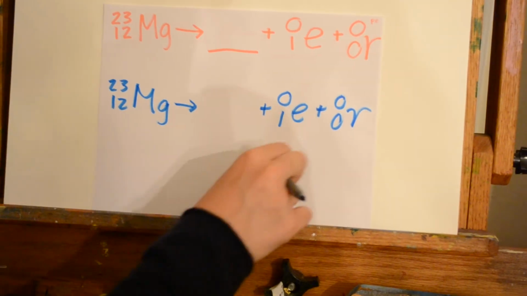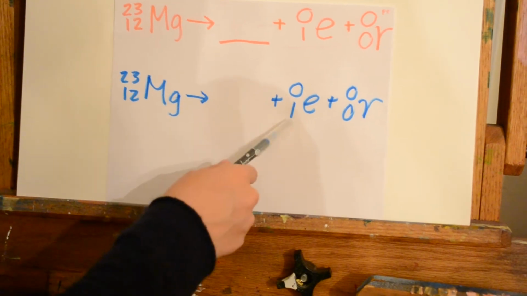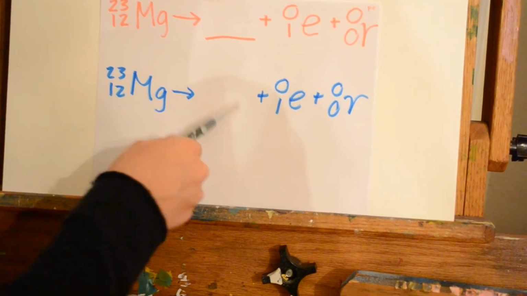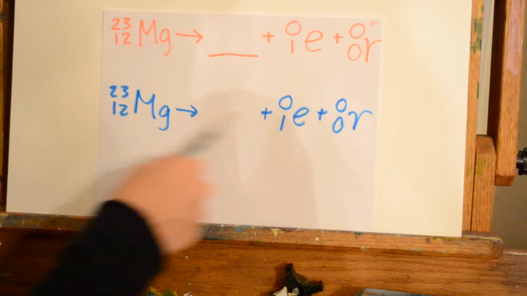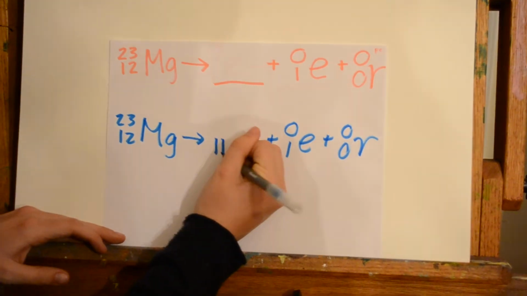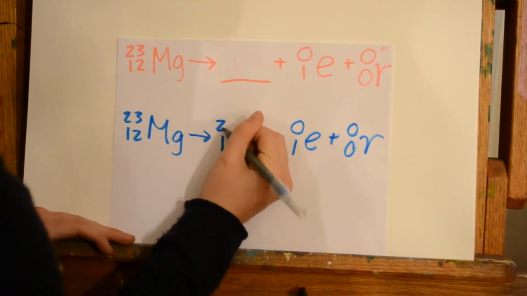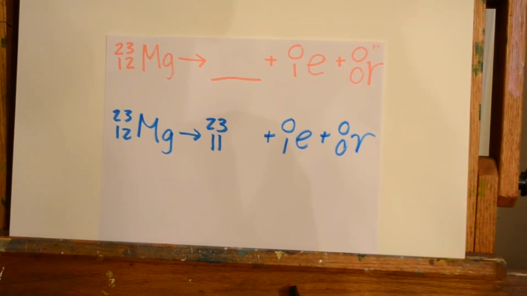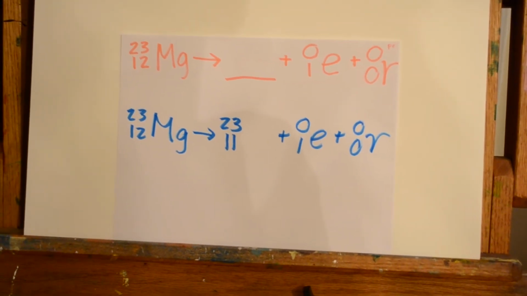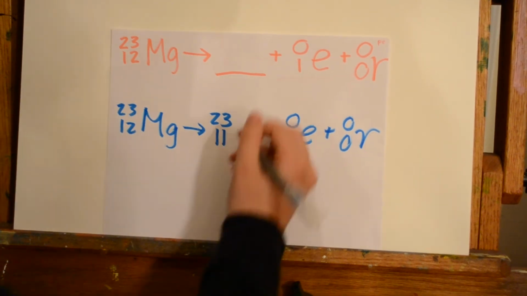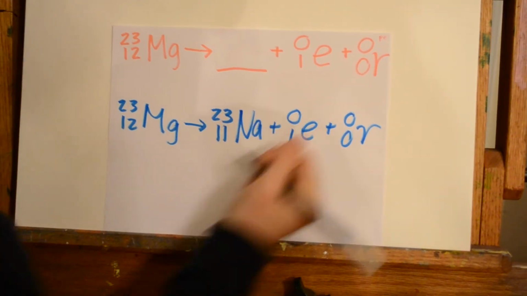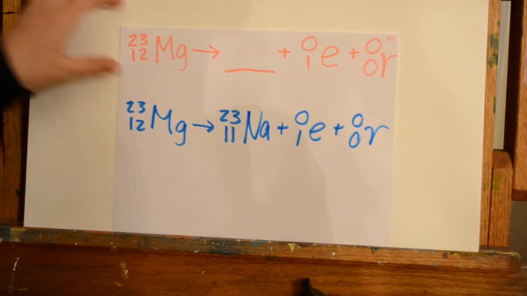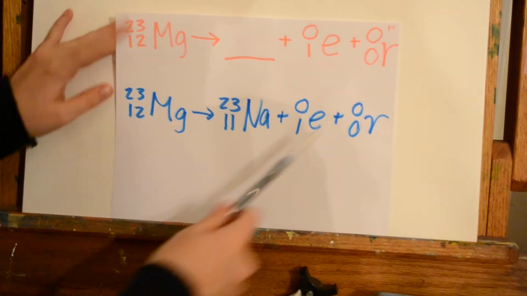So we have to do this minus this is this. So it would be 23 over 11. And 11 on the periodic table is sodium, Na. And that is another thing. It's called positron emission. That's what this is called.